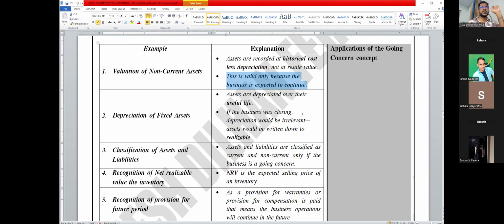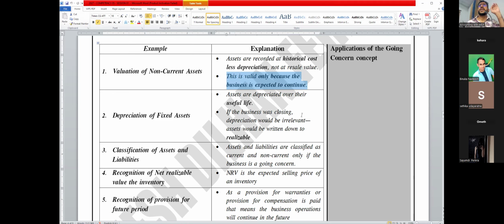Second application, depreciation on fixed assets. This example comes again in another concept. Assets are depreciated over their useful life. Useful life means the business is planning to run its activities over several periods of time. If the business was closing, depreciation would be irrelevant.